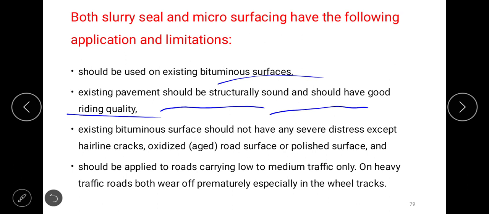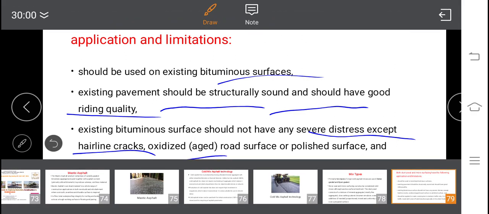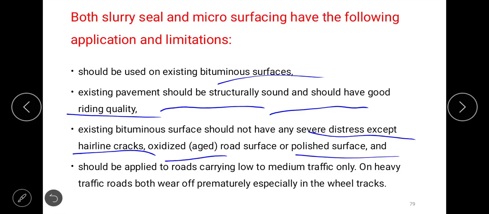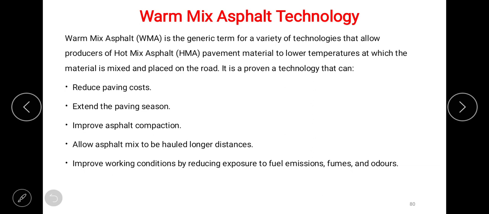Existing bituminous surface should not have any severe distress except hairline cracks, oxidized, that is aged road surface, or polished surface, and it should be applied to roads carrying low to medium traffic only. On heavy traffic roads, both wear off permanently, especially in the wheel tracks. It should not be used. That is the limitation.